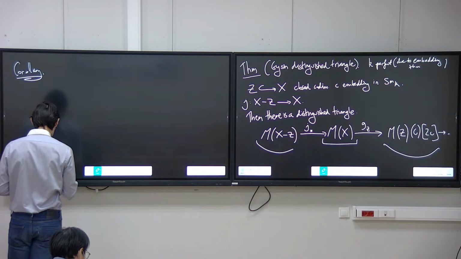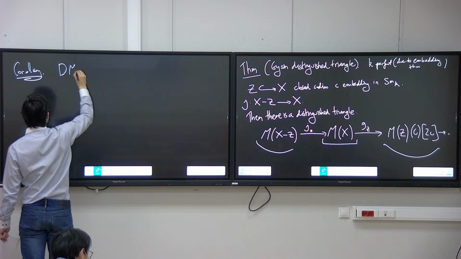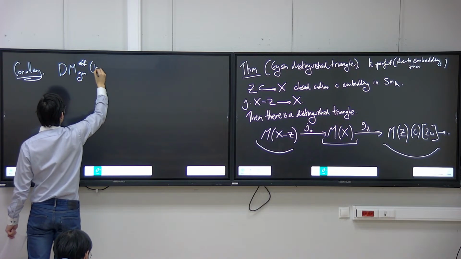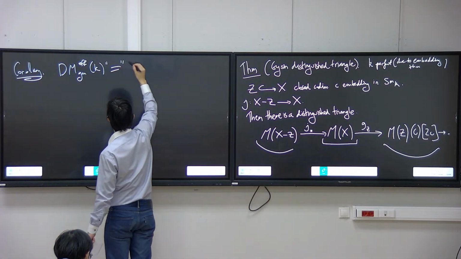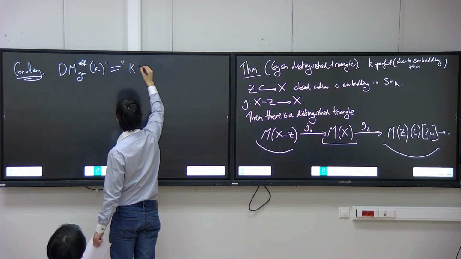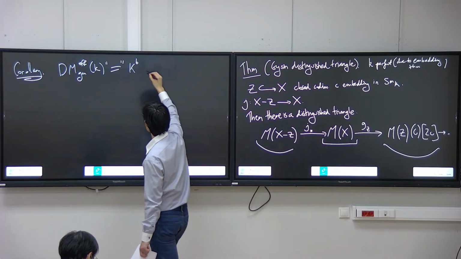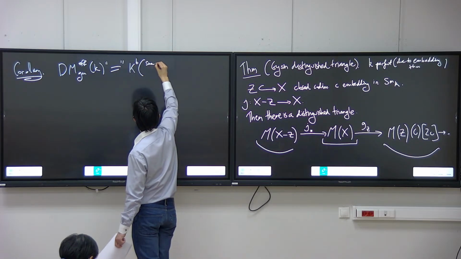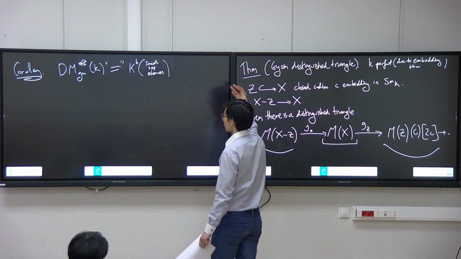So this category of geometric motives, right? It was defined roughly as something on smooth separated schemes. So like the bounded homotopy complexes of, well, finite correspondences of such guys.